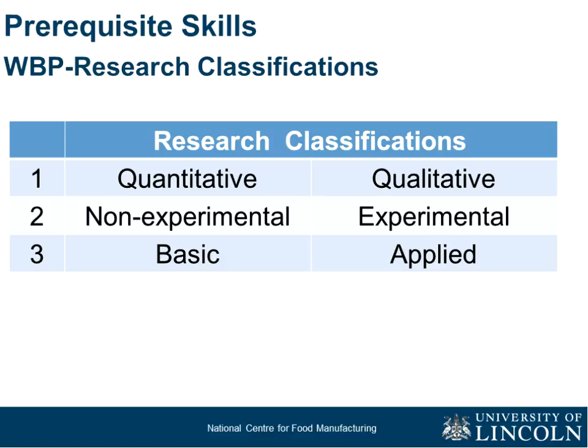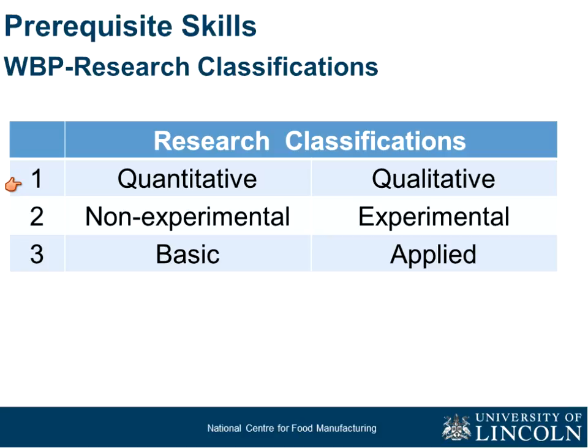Now, let me just take you through some additional information on prerequisite skills. Now, there are 3 types of research. You can have quantitative research, you can have qualitative research. Now, talking about classifying research, with regards to data collection and data analysis, you can have quantitative and qualitative research.